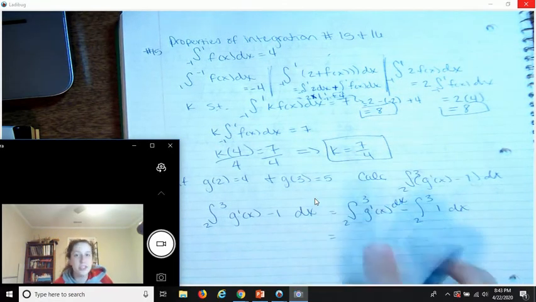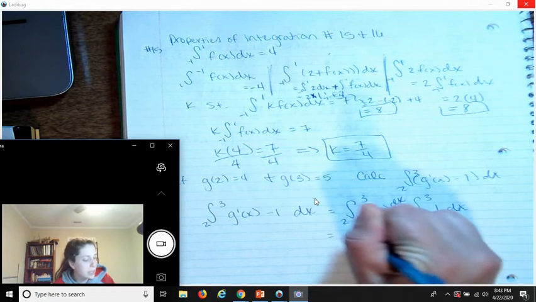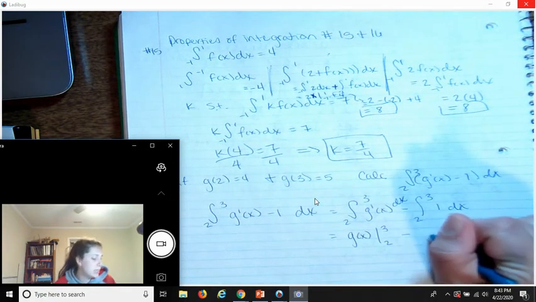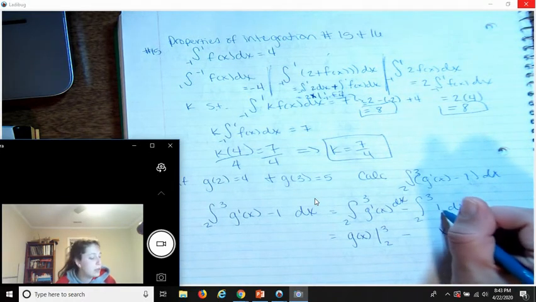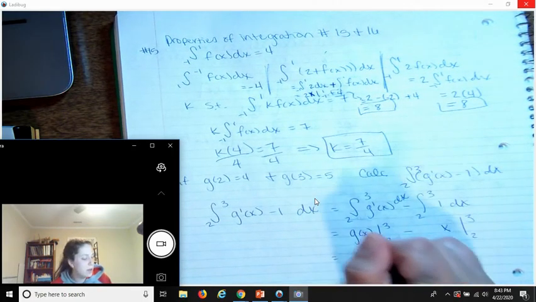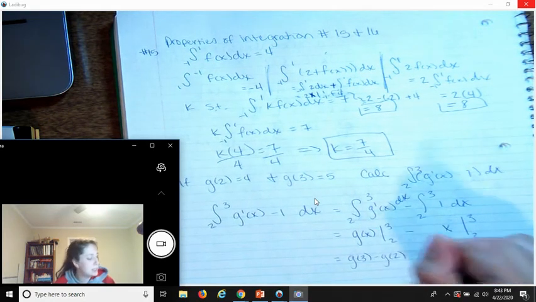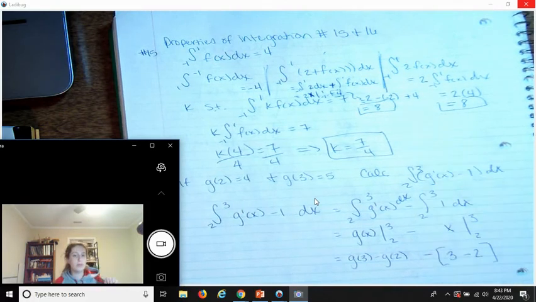So when I integrate g prime, I should get g. So this is g of x evaluated from 2 to 3. This one is going to end up being x. 1 integrated is just x from 2 to 3. Okay, so then we get g of 3 minus g of 2 minus 3 minus 2 when we sub in 3 and 2 right there.